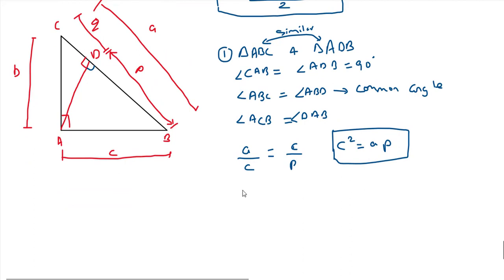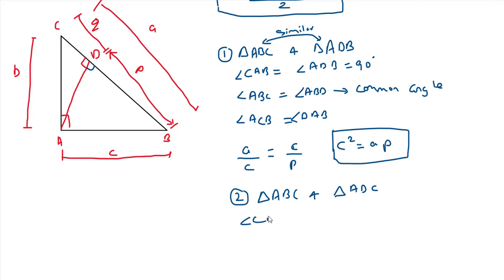Similarly, if we consider the second pair of triangles, the right angle triangles, the original triangle ABC and the smaller triangle ADC, we can prove that these two triangles are also similar. As we can see, angle CAB and angle CDA are both equal to 90 degrees, so these two angles are equal.